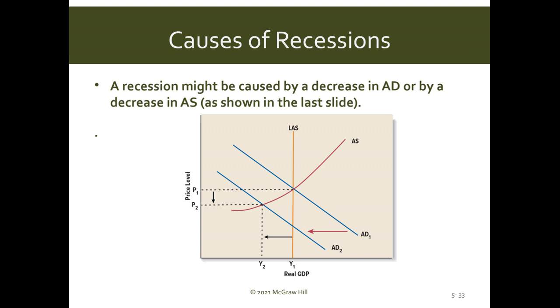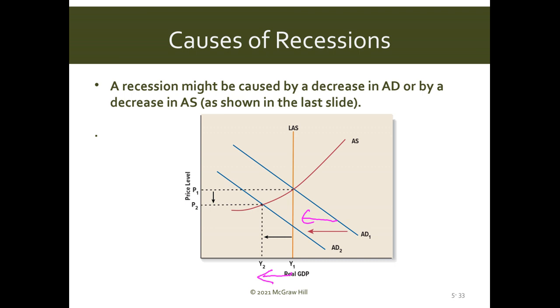See, when I shift the demand curve to the left, you see that real GDP is decreasing, meaning unemployment in the country. This is a recession, but a recession due to decrease in demand. We also have recession in this diagram.